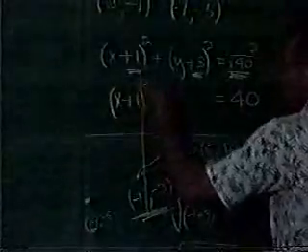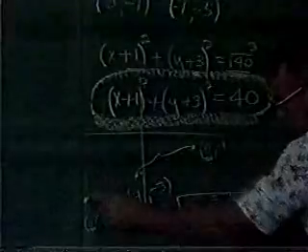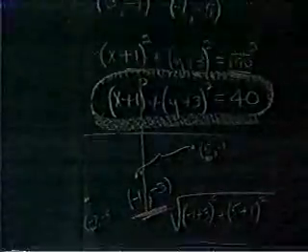So the equation of this circle is x plus 1 squared plus y plus 3 squared is equal to 40. It is the equation of the circle that has a diameter with endpoints at minus 7, minus 5 and 5, minus 1.